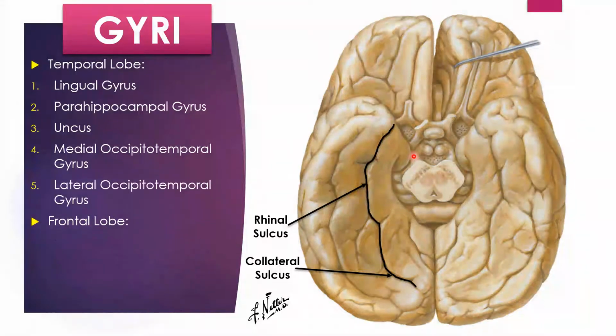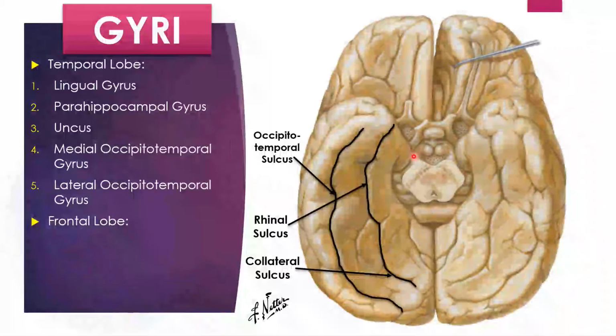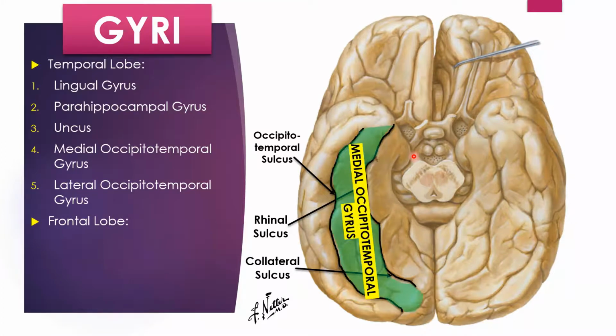Now for the medial and lateral occipitotemporal gyri, we should mark the occipitotemporal sulcus first, which is running from the occipital pole towards the temporal pole. So the gyrus medial to the occipitotemporal sulcus, there will be the medial occipitotemporal gyrus.